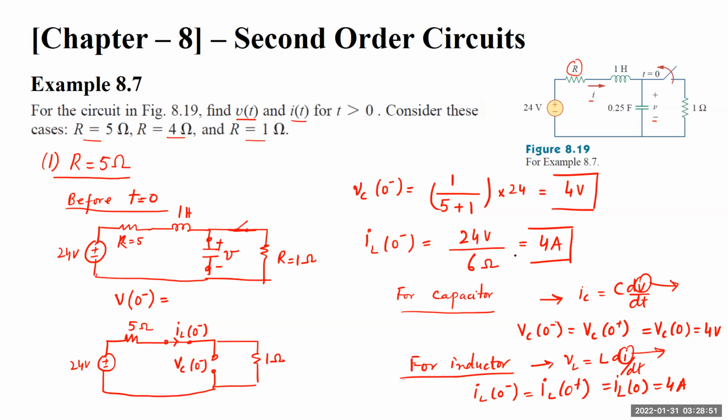Even before moving ahead, we also have to find the condition for dv by dt at time t equals 0. This is basically our second initial condition which we need. I will do this on the next page.